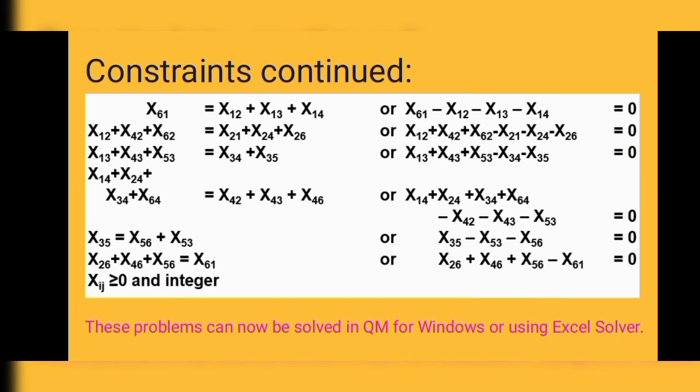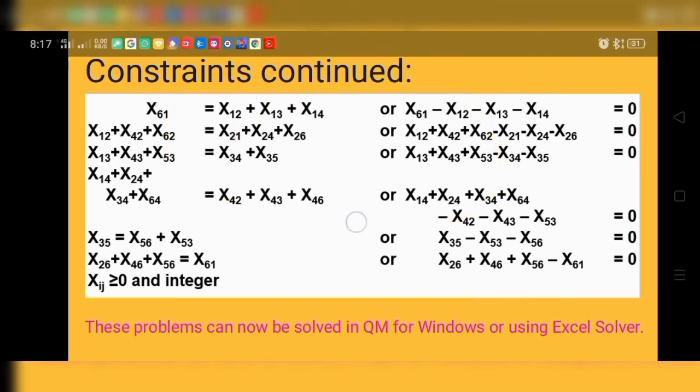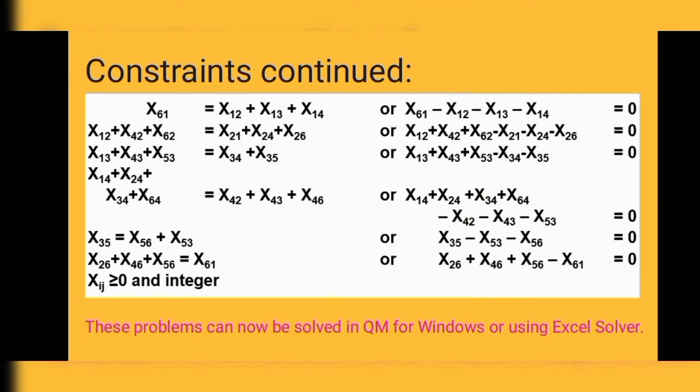So here, the first formula: the flow from node 6 to node 1 is equal to the sum of flow from node 1 to node 2, flow from node 1 to node 3, and flow from node 1 to node 4.